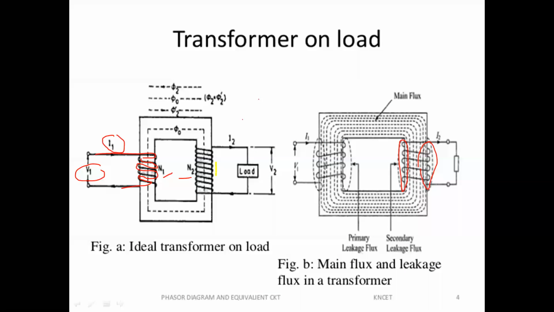That is the E2 value, the secondary induced EMF. So this is the terminal voltage V2, and E2 is the source.